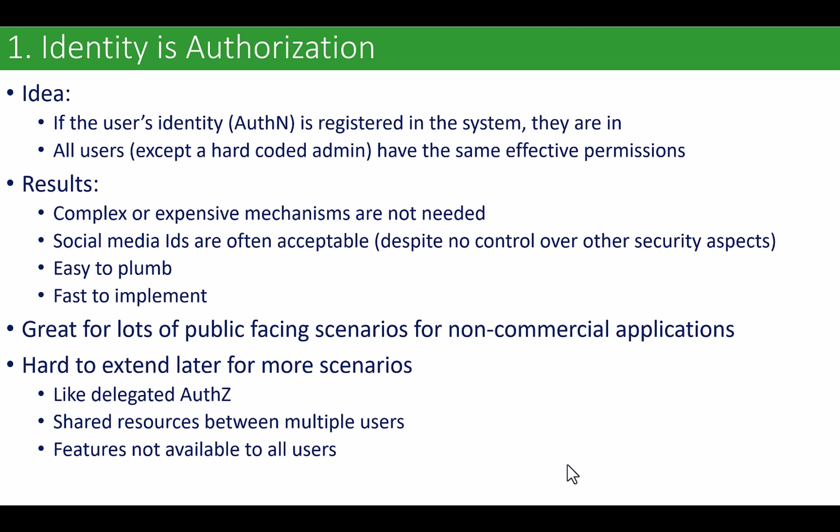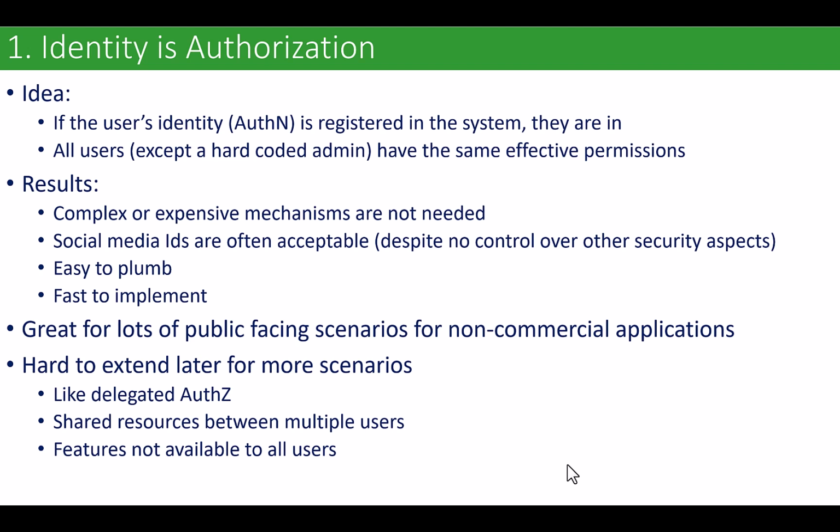And if you think about identity as authorization, if you have a publicly facing blog, then they drop on your blog and you do an auth check and they fail the auth check, then they default to be an anonymous reader and they can't do anything. If they land on your blog page and they are registered with your blog, then they may be allowed to comment on your blog.